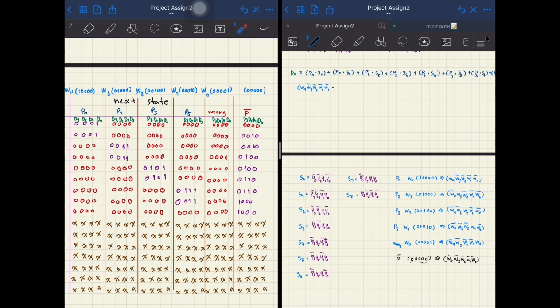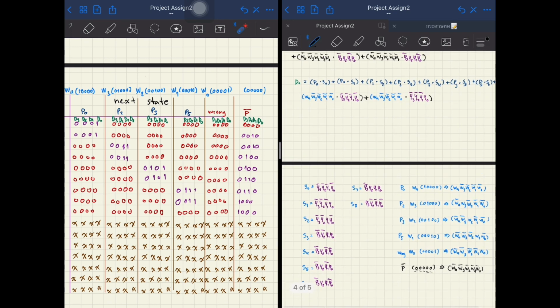And with state 0 is this, state 0. Okay, or with P0 again. P0 is this. And with state 1 is here. Okay, then I check it.